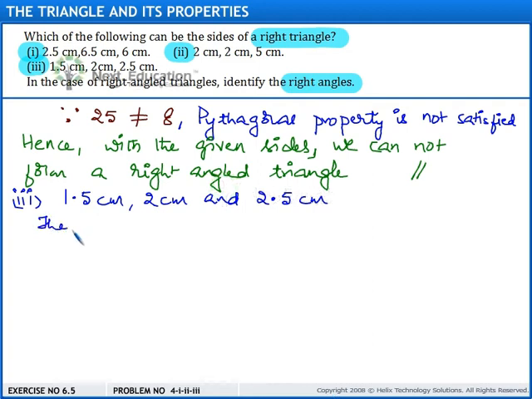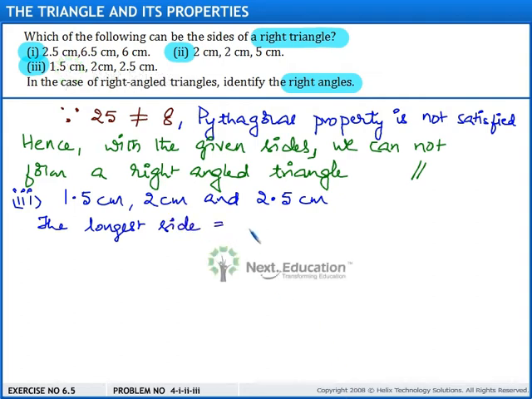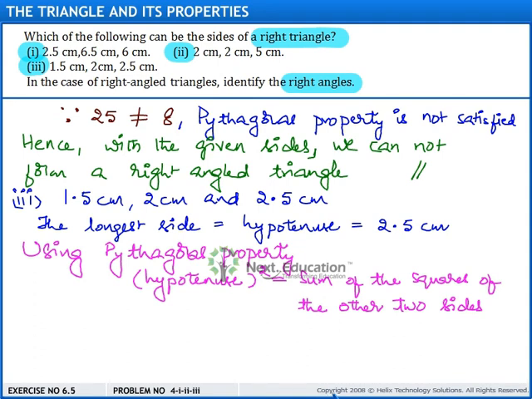The longest side, which can be called as hypotenuse, in the above three is 2.5 centimeters. Using Pythagoras property, the square of the hypotenuse is equal to sum of the squares of the other two sides. Now let us check this.